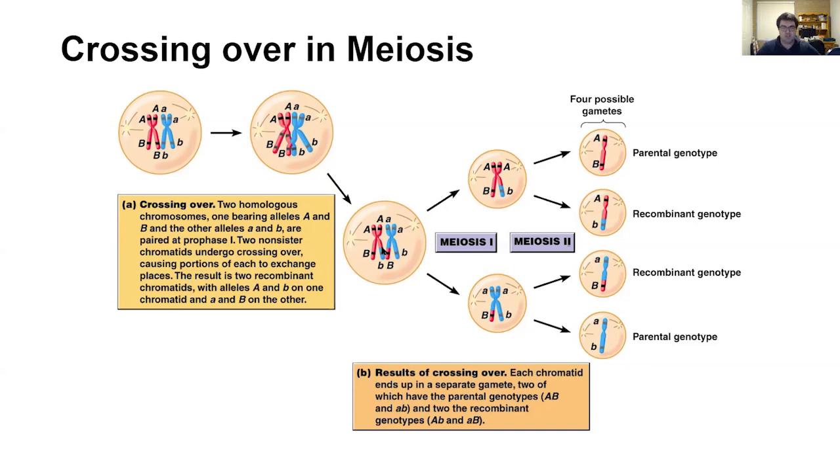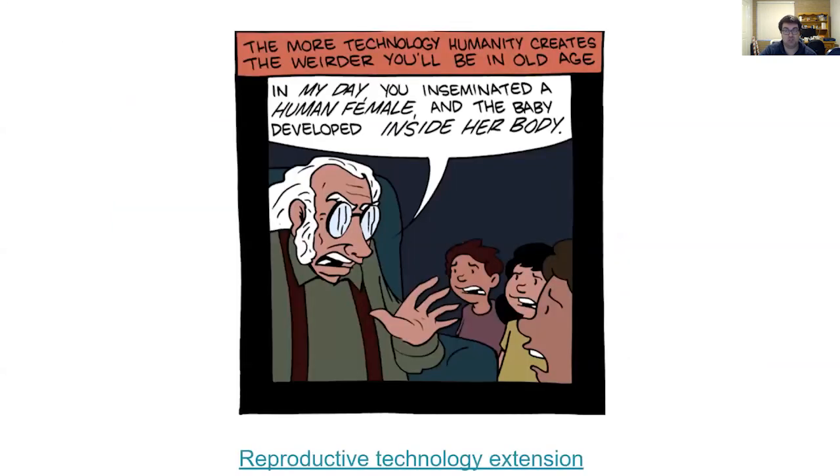Genes on those chromosomes end up swapping places, creating completely unique chromosomes that can be passed on to offspring. That results in recombinant genotypes that are completely new and not present prior to the formation of that sex cell in that person's family. Of course, because it's their family, they're usually relatively similar, but it's a way in which variation gets ensured.